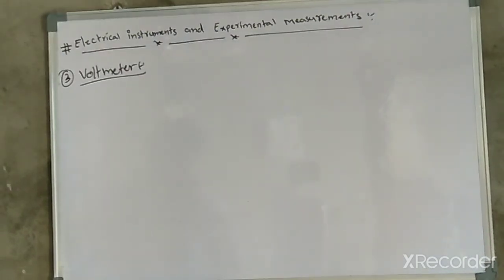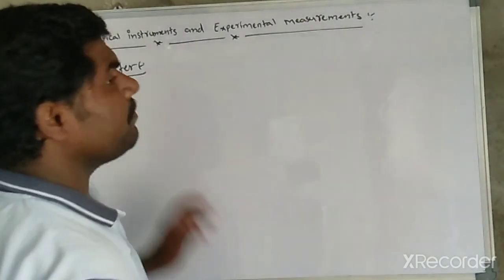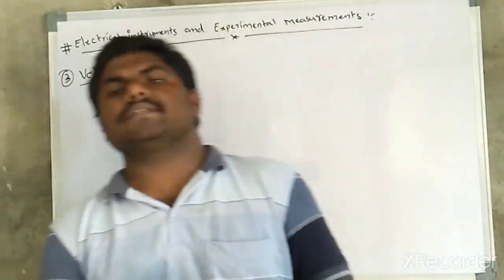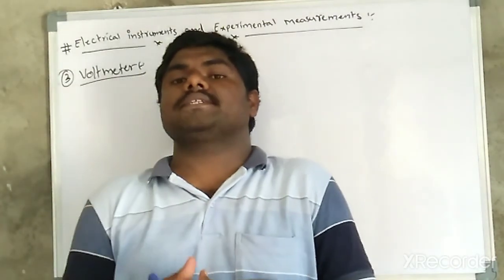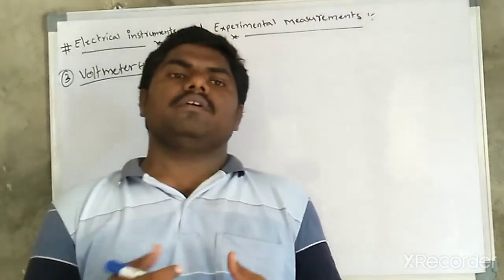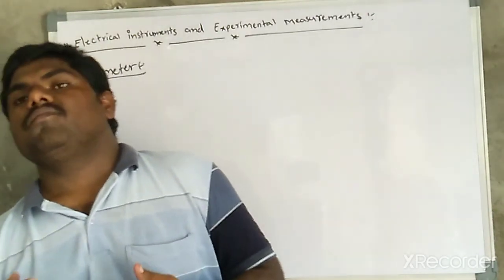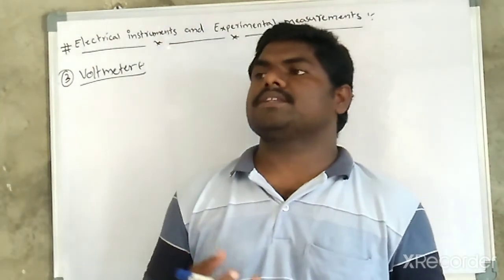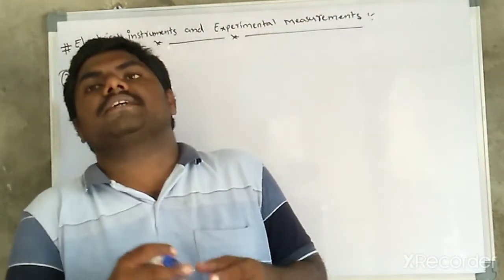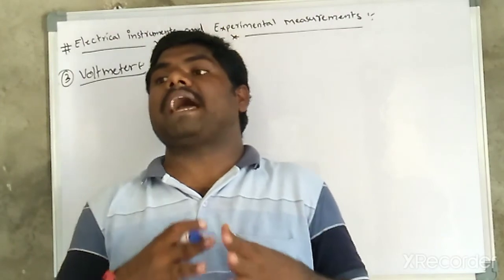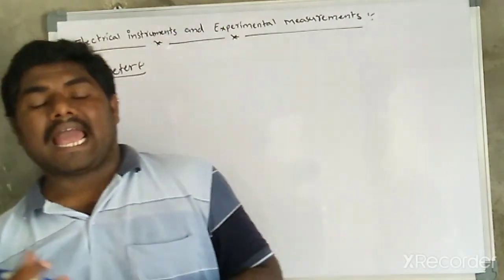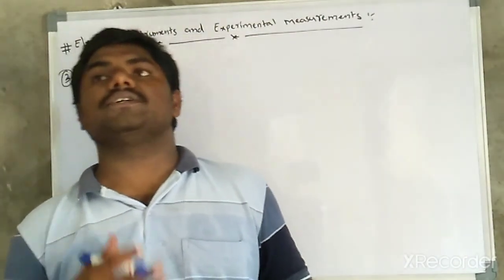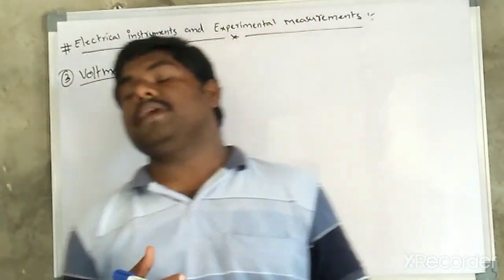Now another, the third one: voltmeter. A voltmeter is used to measure potential difference across two points in a circuit. The first point: for measurement of potential difference in a circuit, it is connected in parallel across the points where the potential difference is to be measured.